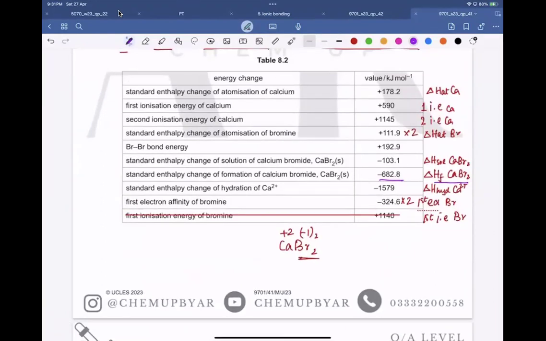We are given the atomization of bromine, so there is no need for the bond energy. It's just to confuse the students. If atomization is not given, then you have to use the bond energy, and as I told you, we have to double it. And we need the atomization of calcium as well, so it's 178.2.